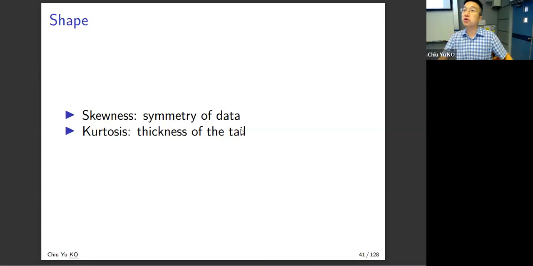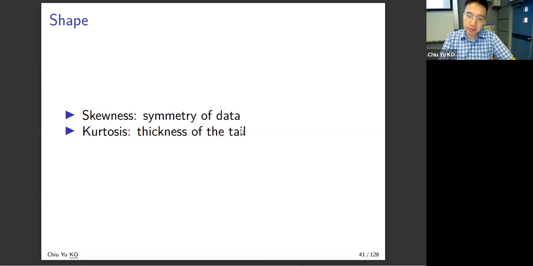The first measure is skewness. It asks whether the data is skewed to one side or the other. For example, income is highly skewed, because a few people earn so much more money than the rest of the people. They are so far ahead. It's skewed.